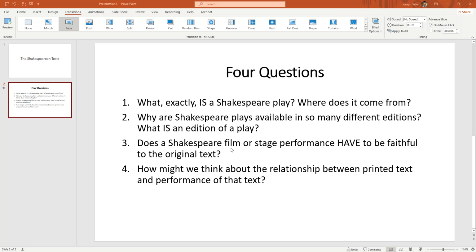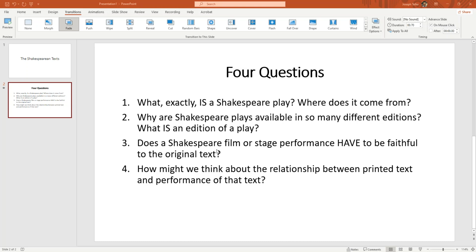Okay, and that leads us to the second part of this question, which is, without going into the details of it, it seems pretty clear that Shakespeare's plays, even in his own time, were adapted, cut, rewritten in parts, shortened, expanded, and revised in his own lifetime, quite possibly by him.